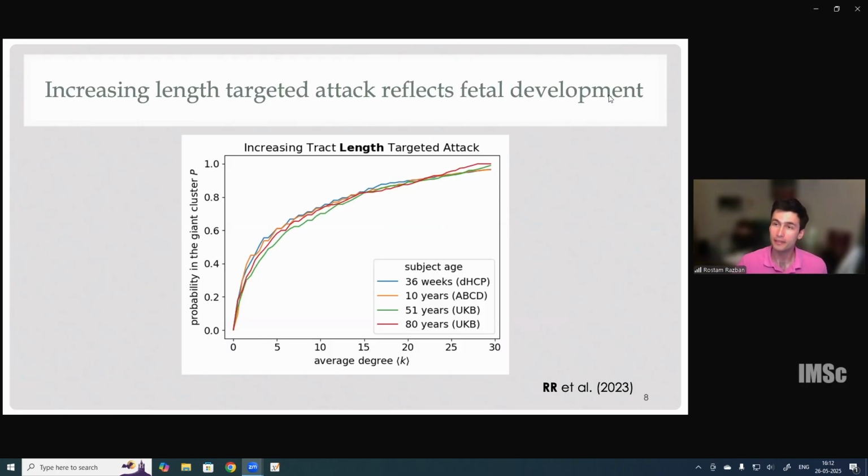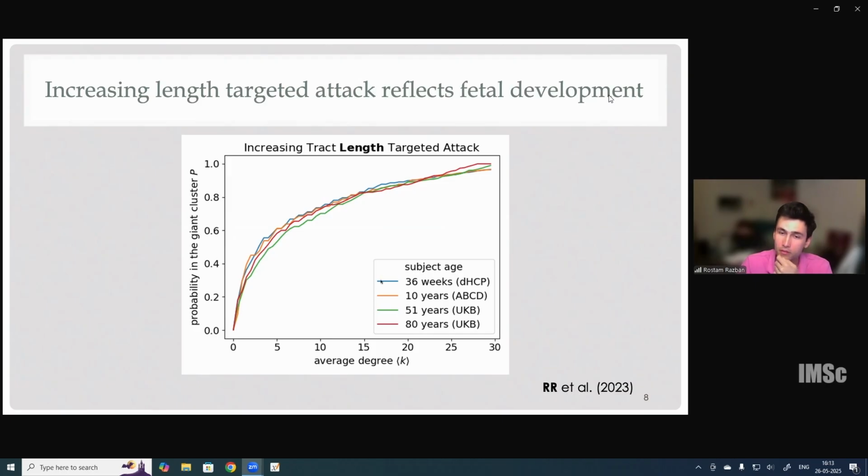So when we play that targeted attack procedure, going from length, just like the schematic I showed, so starting from the smallest, going to the largest, these figures, when we generate them, go from right to left, like I showed in the schematic, but then we're going to think about it from left to right. We see an interesting collapse in these targeted attack trajectories across different individuals. And what's special about these different individuals is that they have a huge, wide variety of ages.